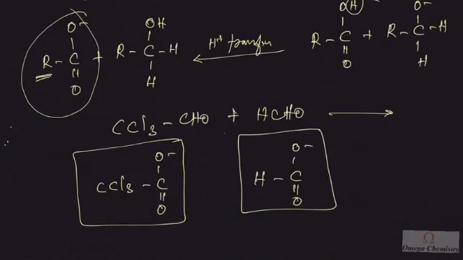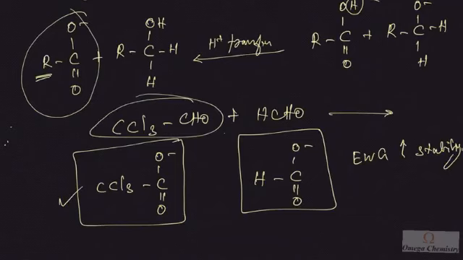Of course, there is a carboxylate ion, so electron withdrawing groups will increase the stability of anions. We know that. This we have studied. So this is more stable than this one. That's why this compound will preferentially become acid, and formaldehyde will preferentially become alcohol.